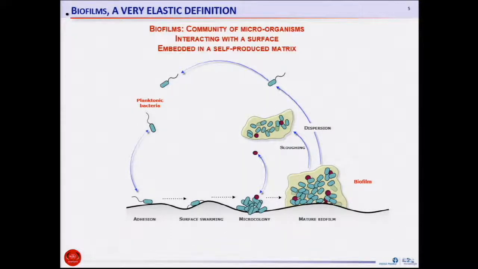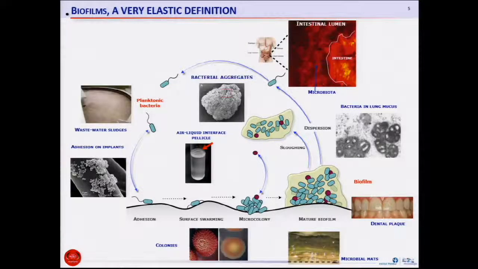So if we want to give a definition of biofilms, I would say something like a community of microorganisms that interact with the surface and that are embedded in a self-produced matrix. This is the basic definition you will also find in books that can be adapted depending on the situation that you're facing. These are examples of what we can call biofilm in real life. So colonies on plates, some people consider that colonies on plates are biofilms.